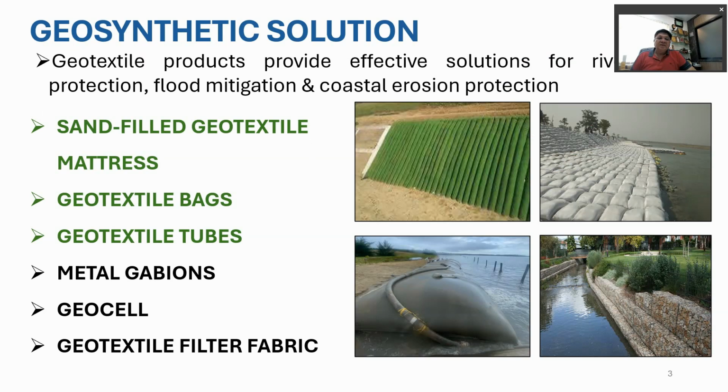You can see some solutions we have listed here: some are soft solutions, and some are hard-facing options. With geosynthetics, especially geotextiles, soft solutions are proposed like sand-filled geotextile mattresses, geotextile bags, and geotextile tubes, and hard-facing solutions are like gabions with geocells or other riprap-type solutions with geotextile as a filter fabric.